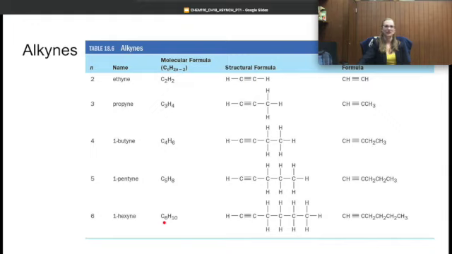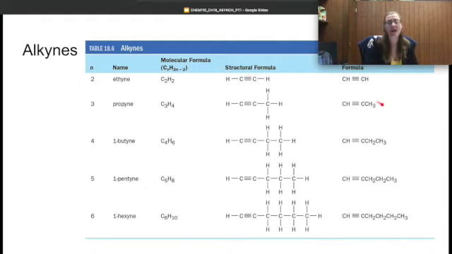So 2 times 6 is 12, minus 2 is 10. Boom, it fits our format. Nice. If you're looking at the structural formula, again, you can pick out a triple bond somewhere in the structural formula. It could be anywhere in some of these longer structures, but we'll talk about that when we get to naming. But if you see a triple bond, it is an alkyne.